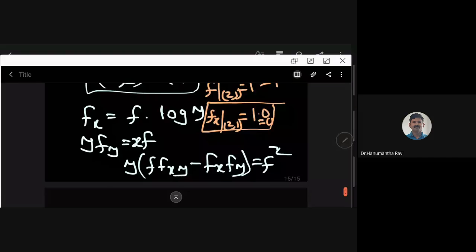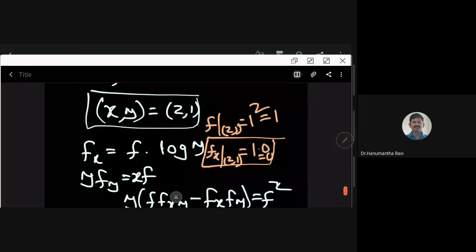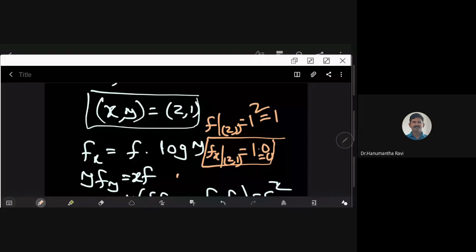Now this one, y f_y is equal to x f. So from this, y is 1, so 1 into f_y at (2, 1) is equal to x into f. f already is 1 and x is 2, so 2 into 1.